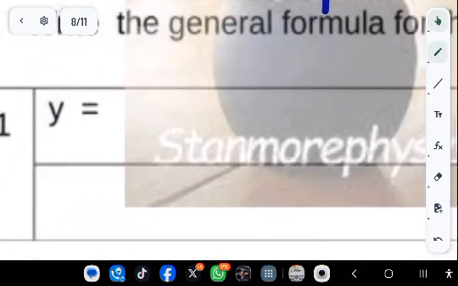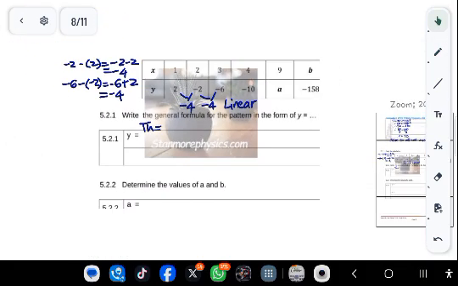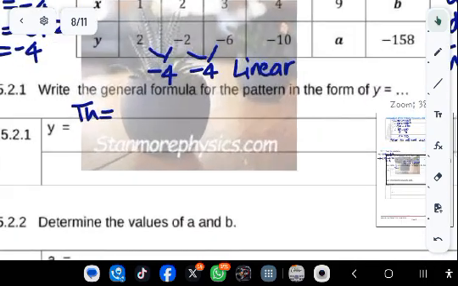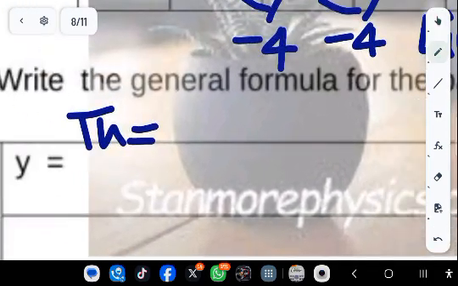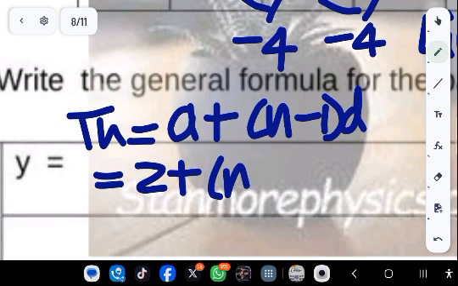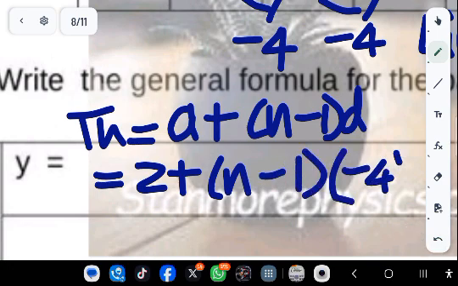Okay, so Tn equals, what is the first term? The first term is 2. And the constant difference is negative 4, so that will be 2 plus (n minus 1) times negative 4.